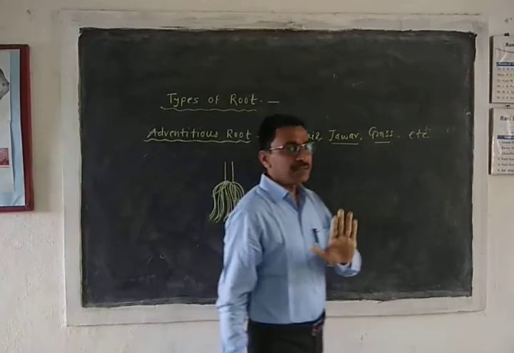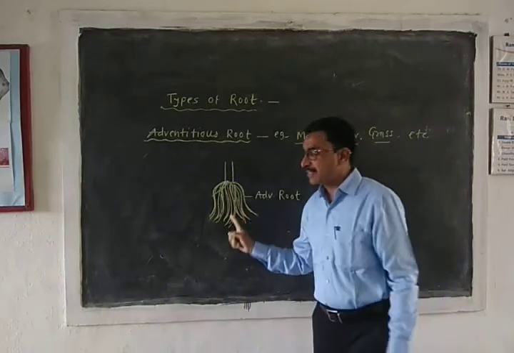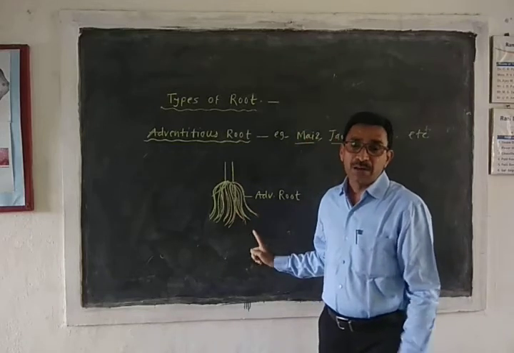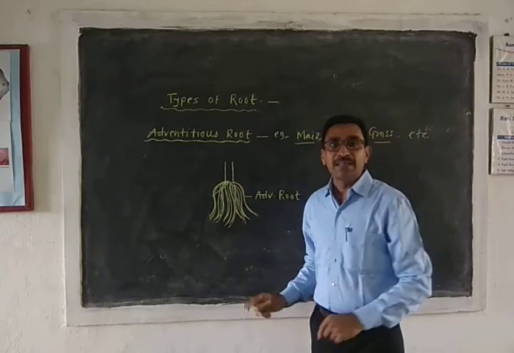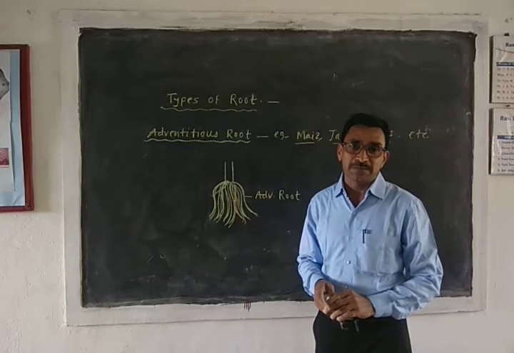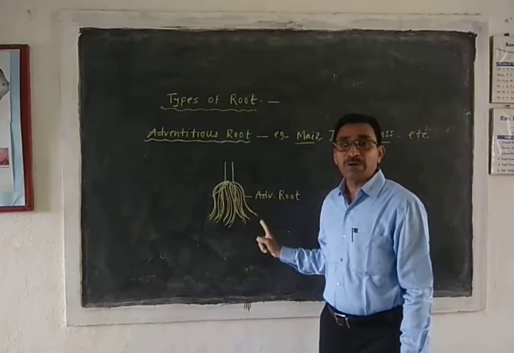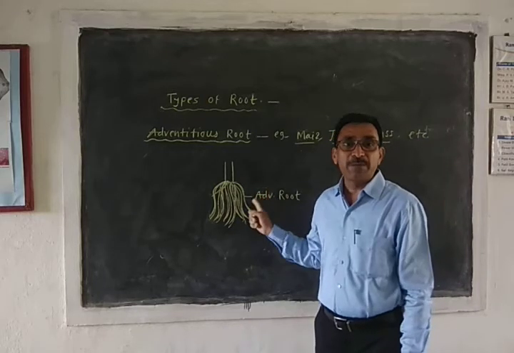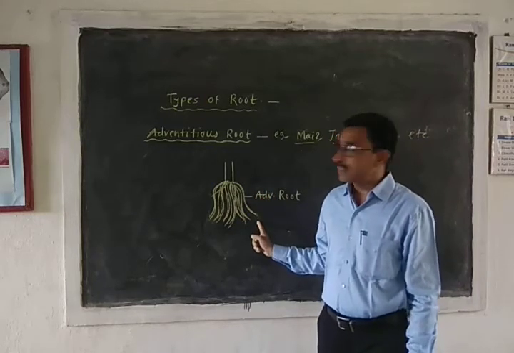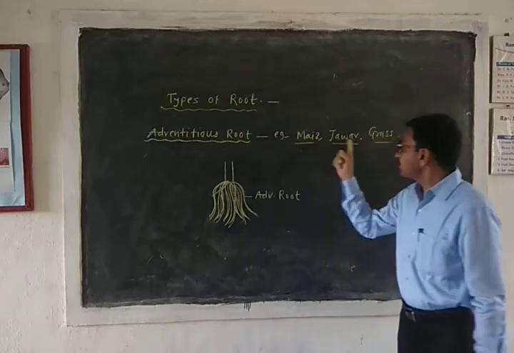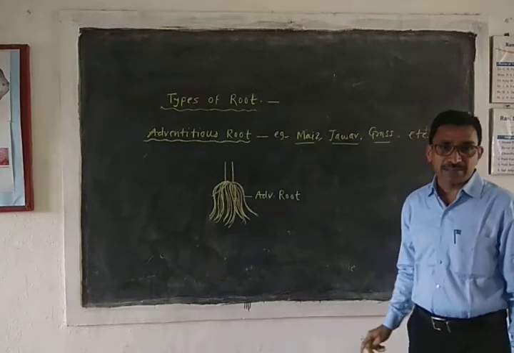It is clear that the adventitious root system is present in monocotyledons, while the taproot system is present in dicotyledons. This is the characteristic feature of the monocotyledon, that is, the presence of adventitious roots. And the examples of adventitious roots are maize, jowar, grass, etc.